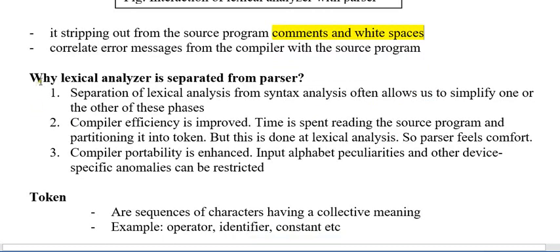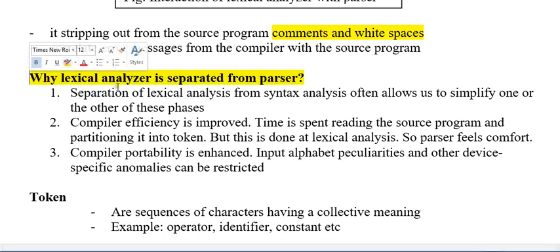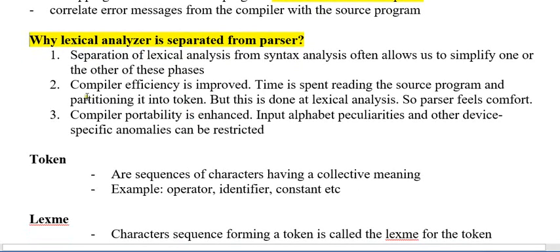Now another important question: why is the lexical analyzer separated from the parser? This is a very important question. Separation of the lexical analyzer from the syntax analyzer often allows us to simplify one or the other of those phases.